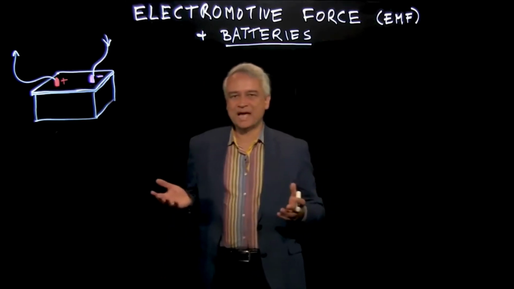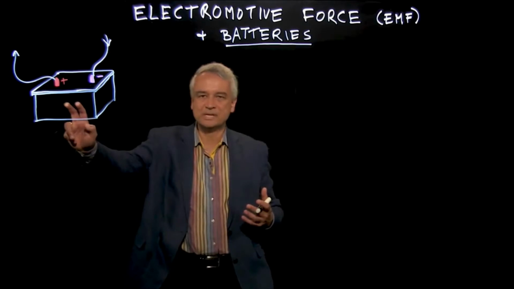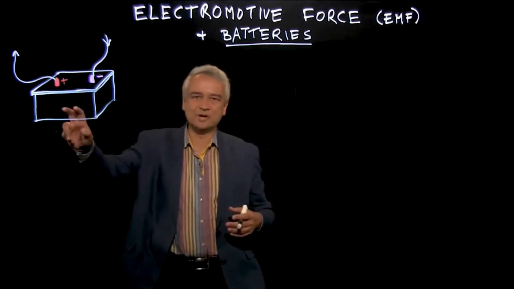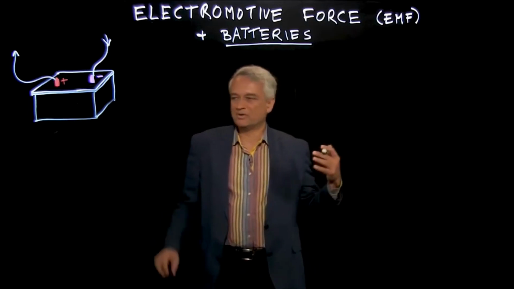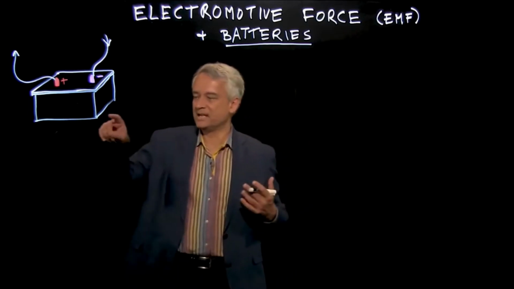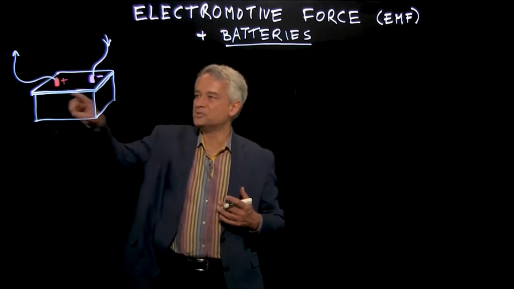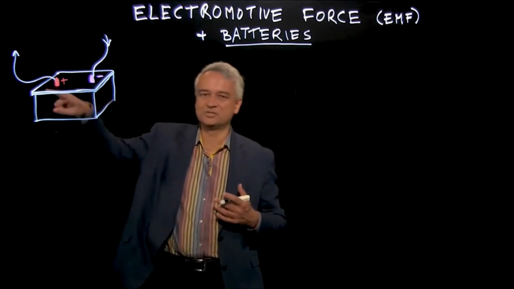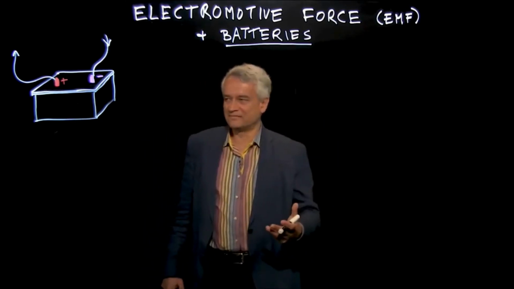There are other kinds of batteries not familiar from daily life where it's nuclear forces that are responsible. There are other kinds of batteries. They're not usually called batteries. They're called solar cells, where the forces inside a solar cell that are carrying positive charge to the positive terminal are being driven by the energy of light from the sun.